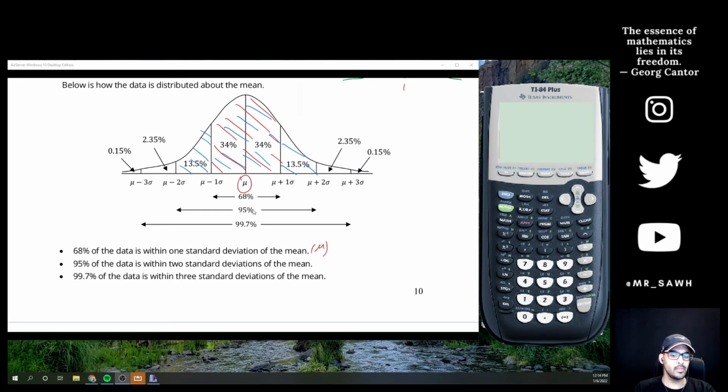So in blue, we are taking into account more data because we're covering more of that bell curve. Now, within two standard deviations, you'll see the number here, 95% of all data will fall between two standard deviations. And if I do this one more time, within three standard deviations, you will find that 99.7% of all data will fit in that range.